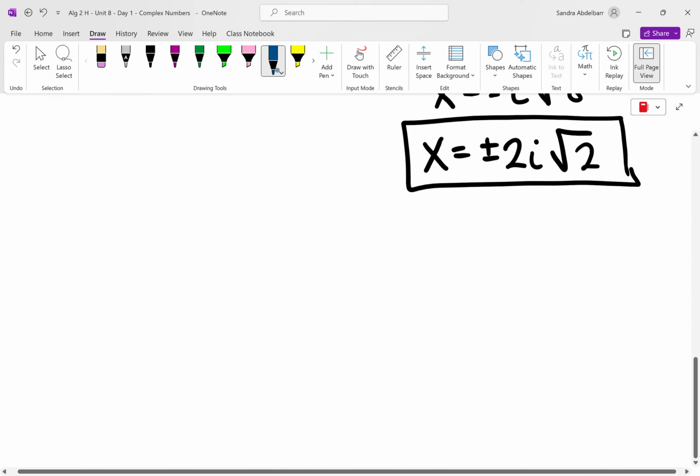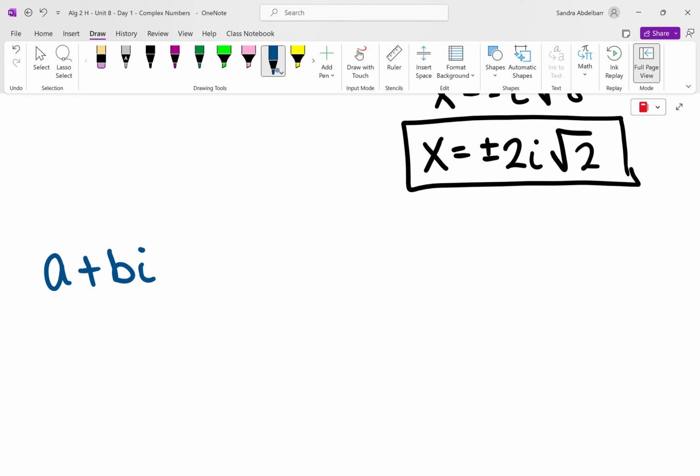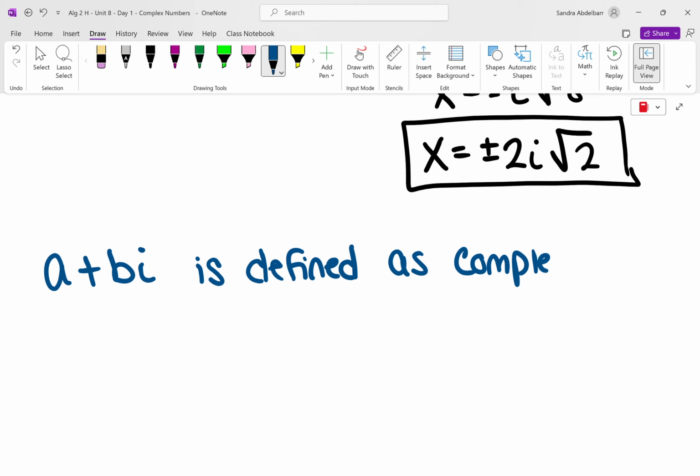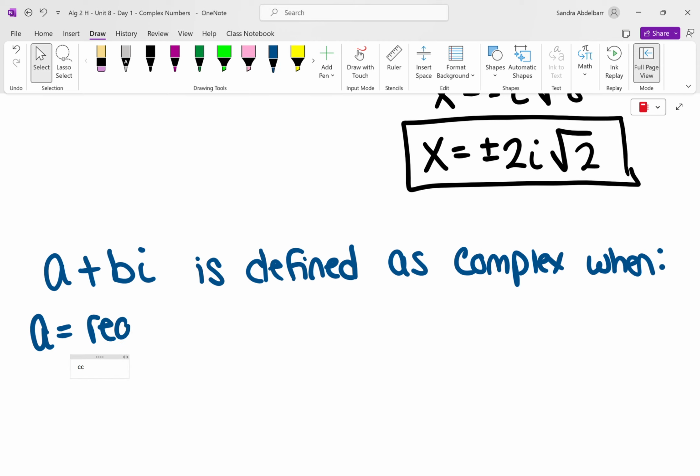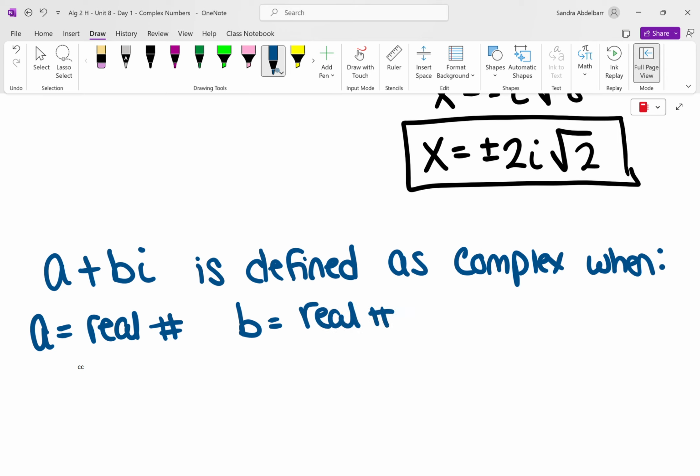All right. So we're going to say a plus bi is defined as complex when a is a real number, b is a real number, and obviously i is our imaginary.